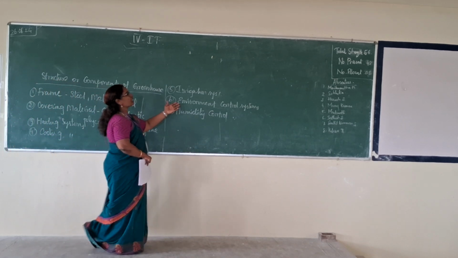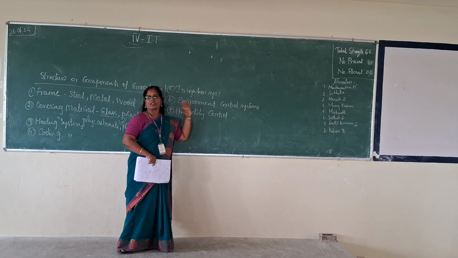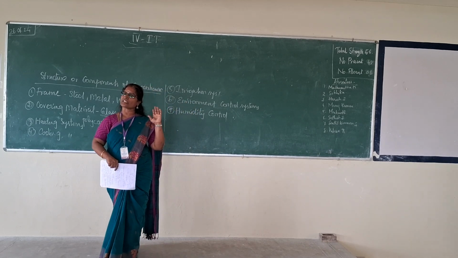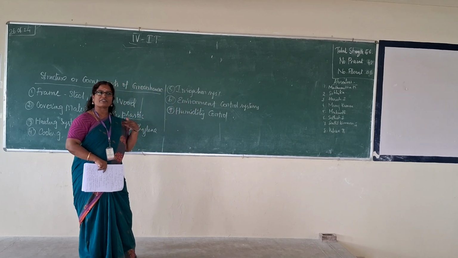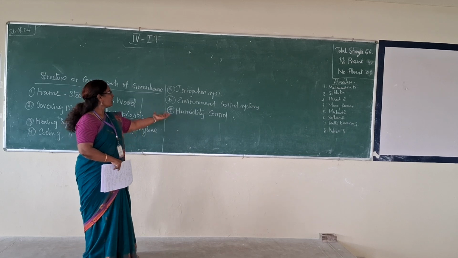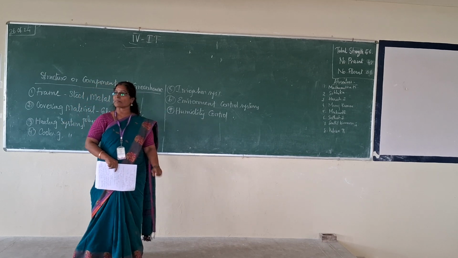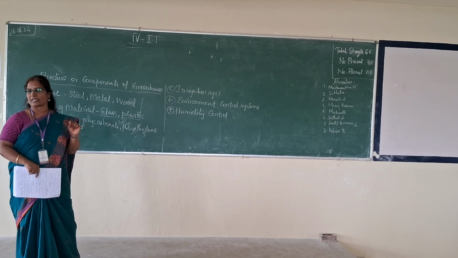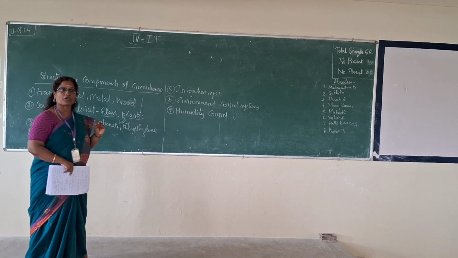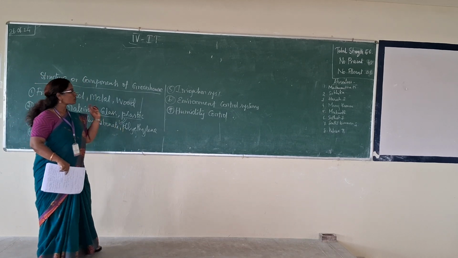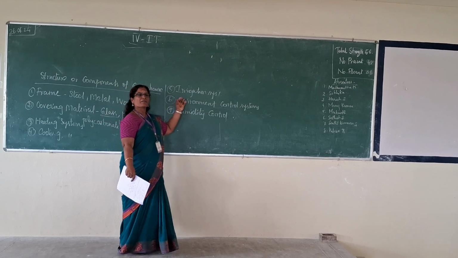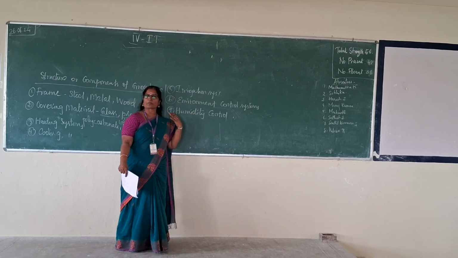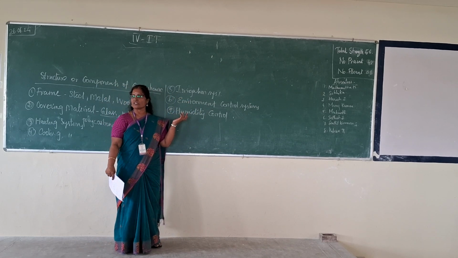An environment control system covers everything: your temperature, heat, humidity, and moisture. In addition, very importantly, carbon dioxide. CO2 is very important for crop growth. Here we need to see, because the natural atmosphere may not always have sufficient CO2.